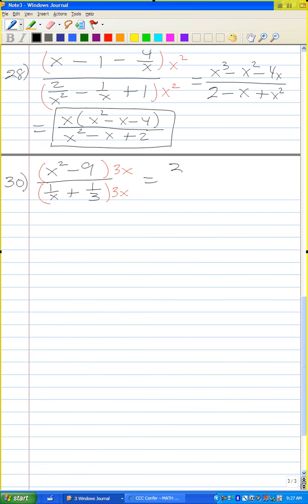So this is equal to 3x times, let me factor, x squared minus 9 is x minus 3 times x plus 3, over, 3x divided by x is just 3, times 1 is 3. The 3's cancel, so I get plus x. And well, I can cancel the 3 plus x's. And so I get 3x times x minus 3.